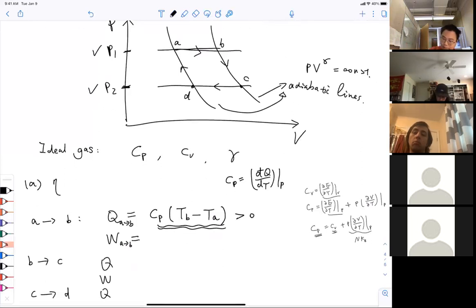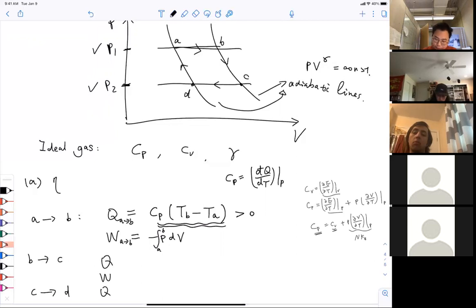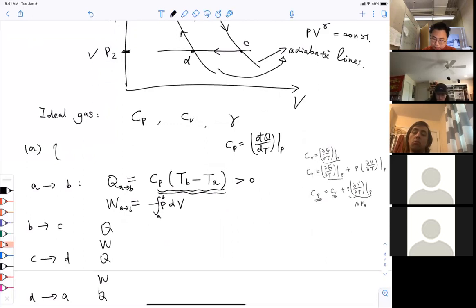The work done in this process is given by the integral of P dV from point A to point B. At this point, let us just leave it like this.